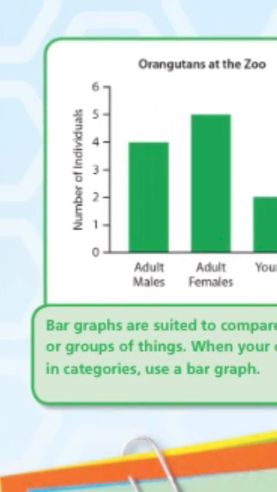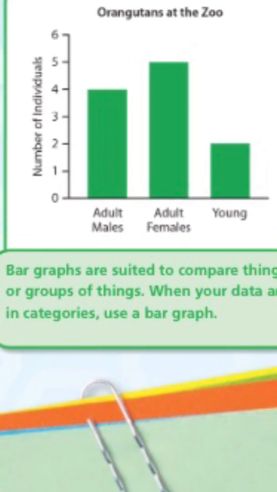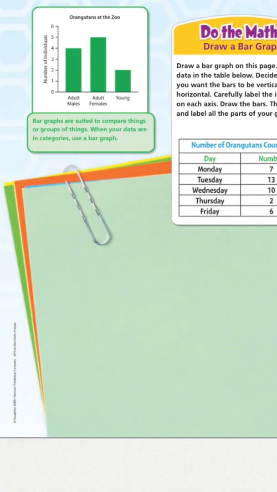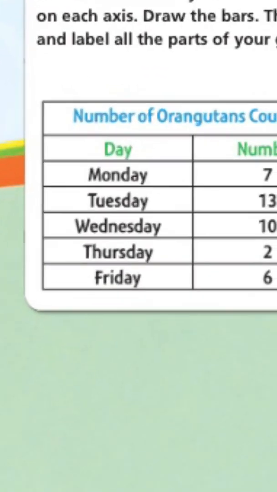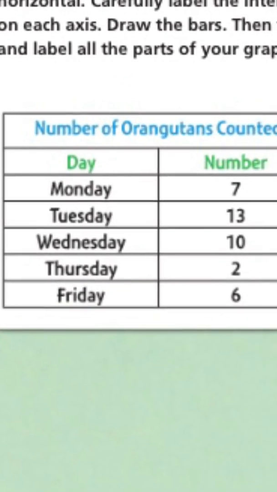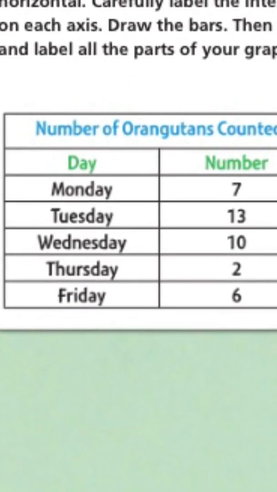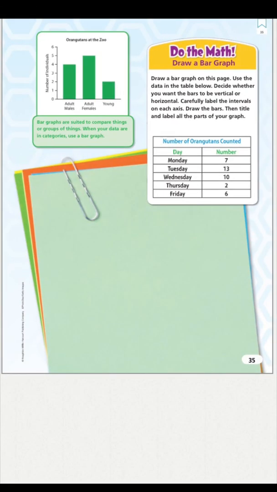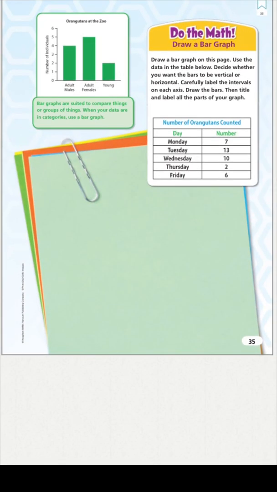So we are going to draw these bar graphs by using these two axes, and instead of number of individuals, you can write the day. We have here the day: Monday, Tuesday, Wednesday, Thursday, and Friday. You can write it here, or it's up to you, you can write it on the other side, no problem.